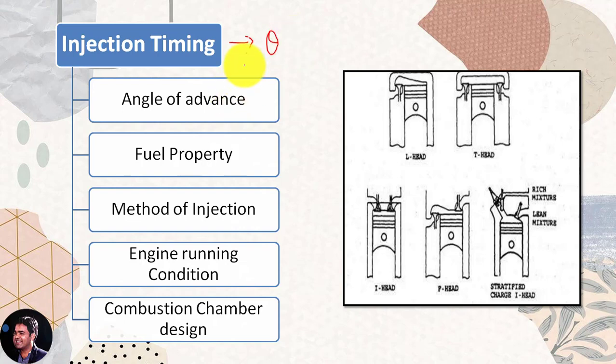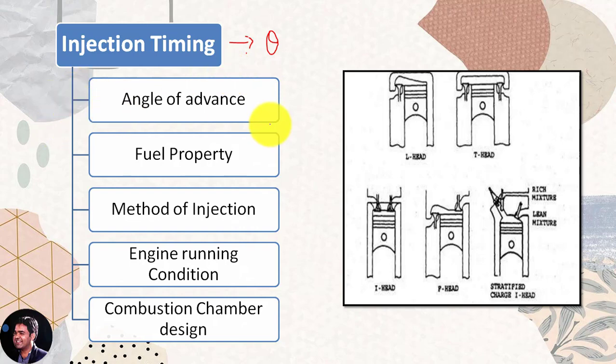Now, considering the different running conditions of the engine, like different road conditions, different loading conditions, each and every time the engine demands a different amount of fuel and a different time to achieve complete combustion. So the injection timing, or the mechanism for the injection timing, must consider these factors and supply the fuel inside the cylinder at the correct time.